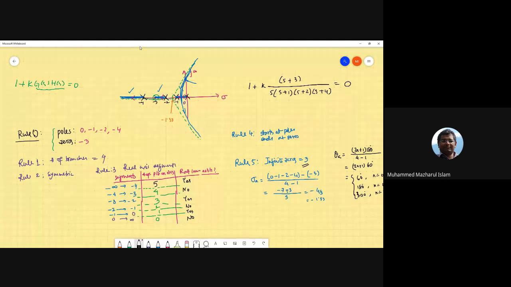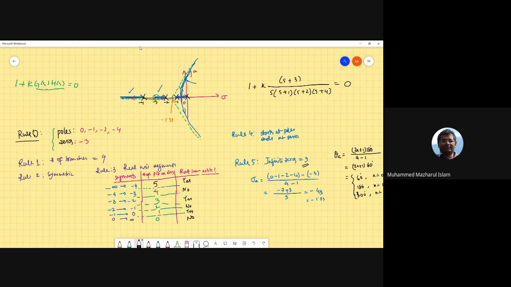Rule number 2 is actually a matter of understanding that the root locus is symmetric about the real axis. The top half of the real axis is reflected in the bottom half. Rule number 3 is something that we need to calculate. This is actually the first step of the drawing part. So we find the real axis portions.